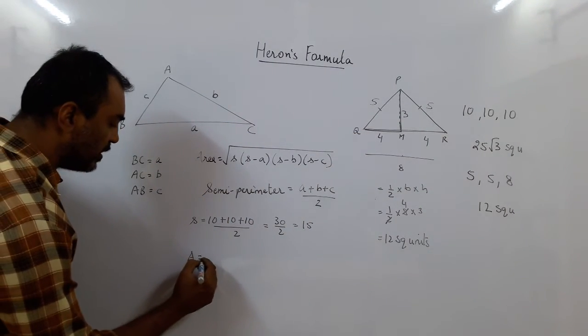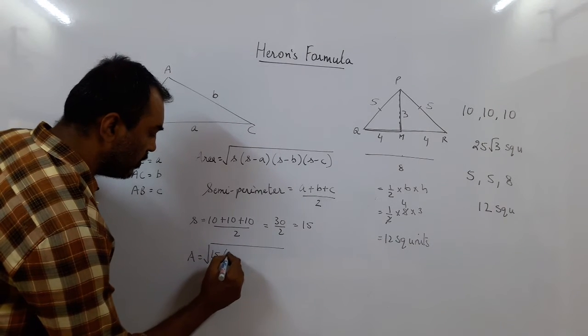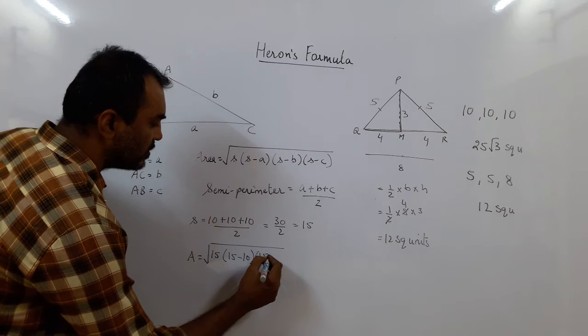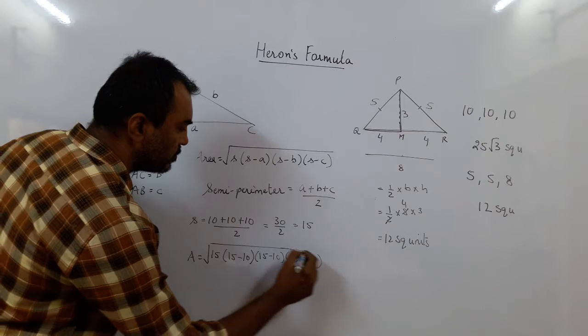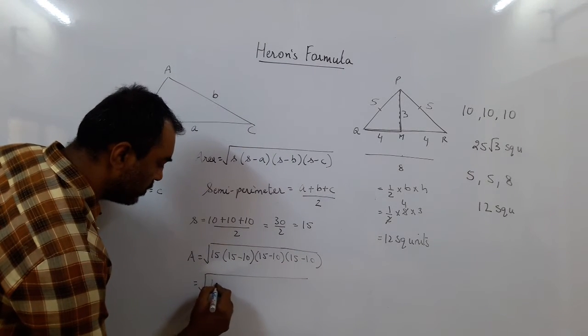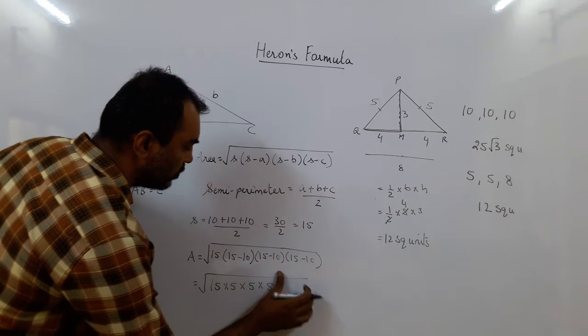So let us take the area: under root 15, 15 minus the side 10, 15 minus the side 10, 15 minus the side 10. So it is 15 into 5 into 5 into 5.